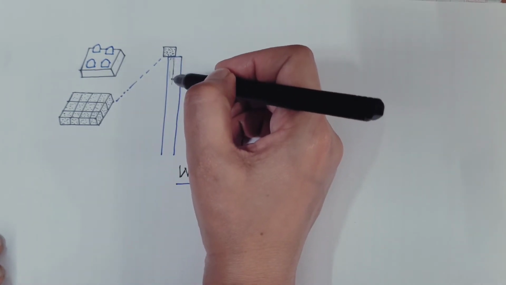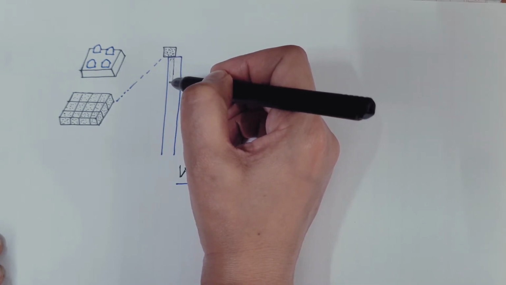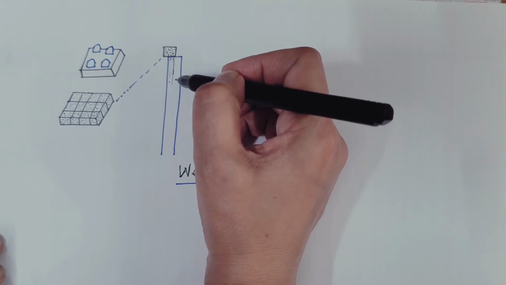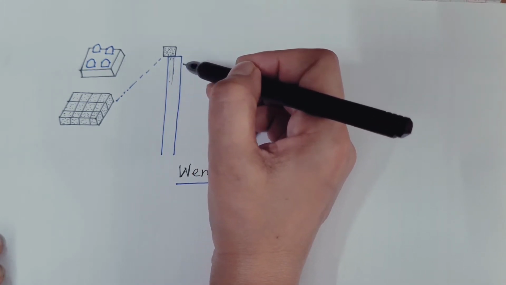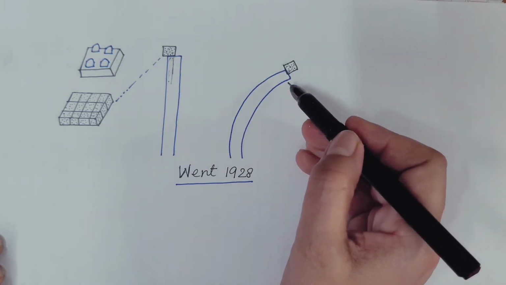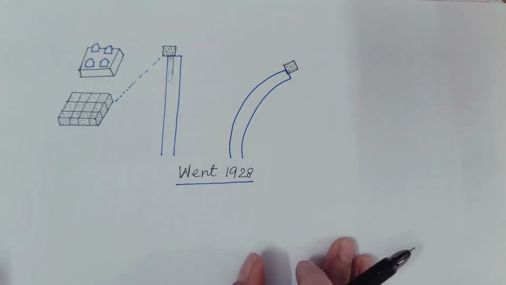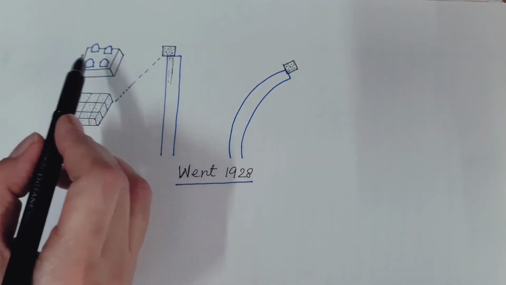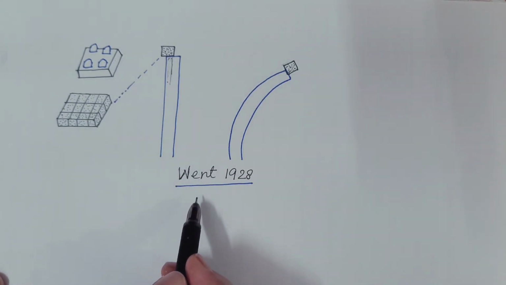Since it is placed asymmetrically, this region receives the substance but the other region does not. Hence this region shows more growth, and this results in the bending or curvature of the coleoptile. This led to the discovery of auxin, and on the basis of this experiment, Went was able to isolate auxin from the Avena sativa coleoptile, that is the oats coleoptile.